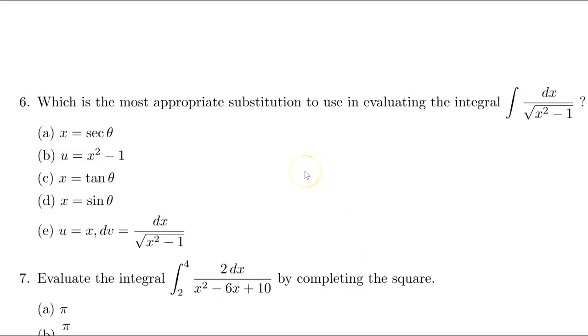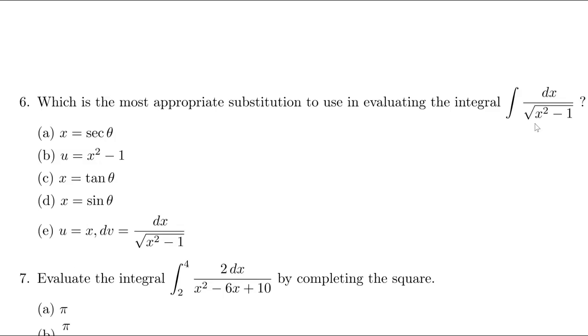Let's proceed to question number 6. We are asked to identify the appropriate substitution to use when evaluating this integral. When doing this type of problem, which is on trigonometric substitution, it is important that you identify the two identities we're actually using.